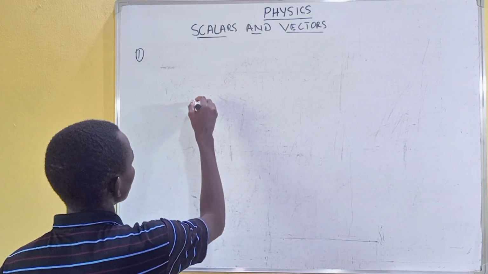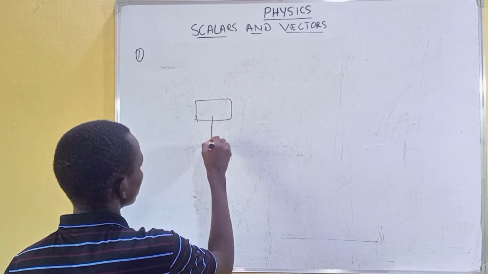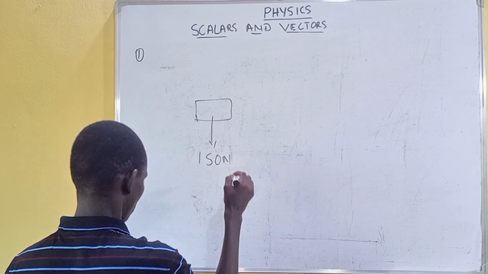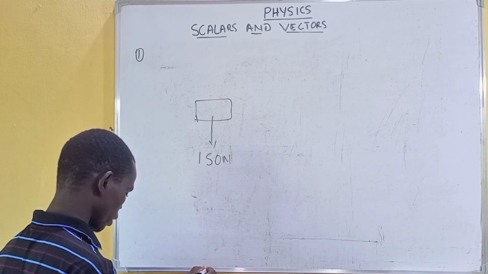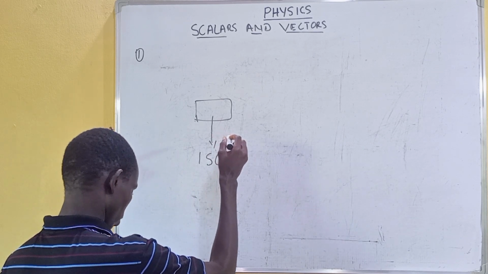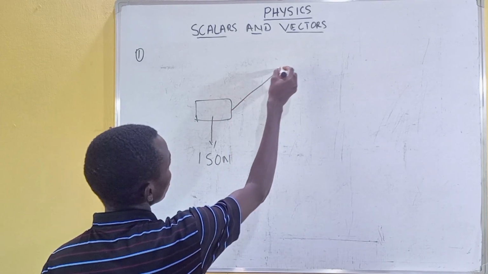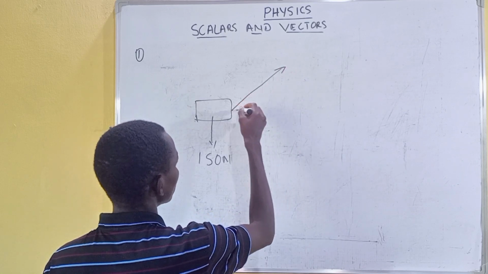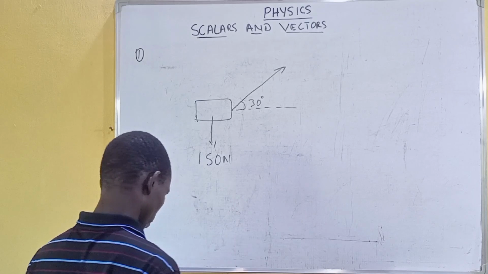From the question, if this is the load and is acting downward, which is 150 Newton, a boy is pulling a load with a string inclined on this. Since it's pulling, this will be the direction of the vector, the horizontal, which is 30 degrees.